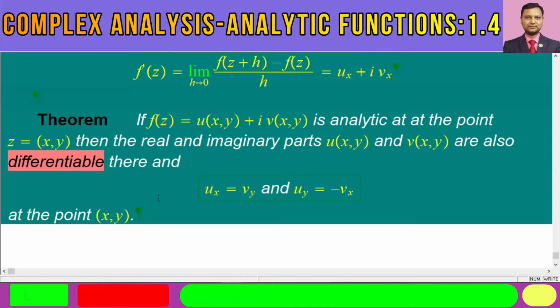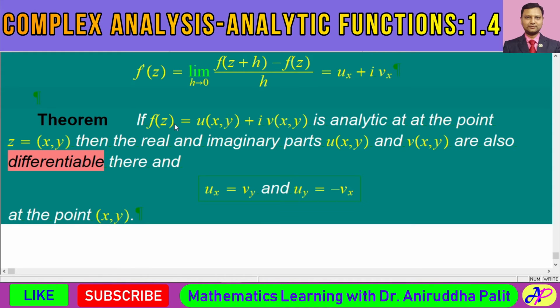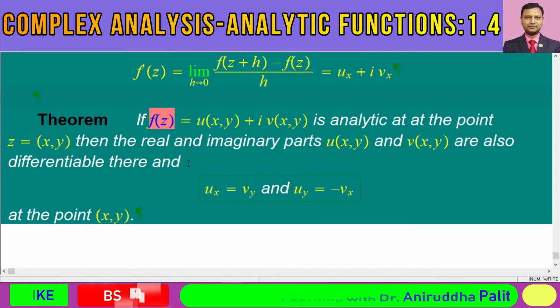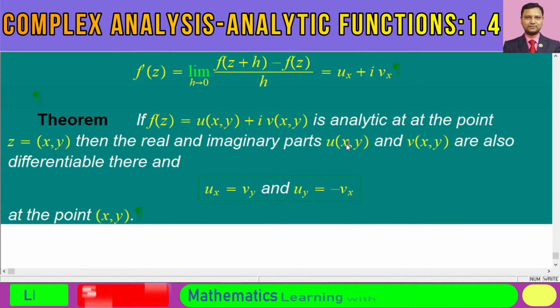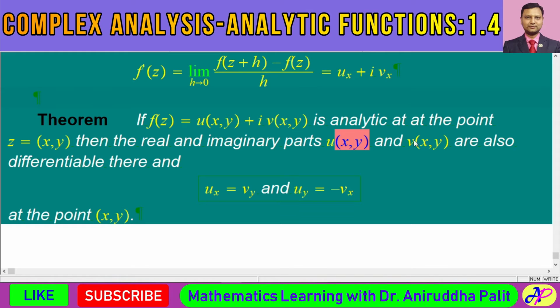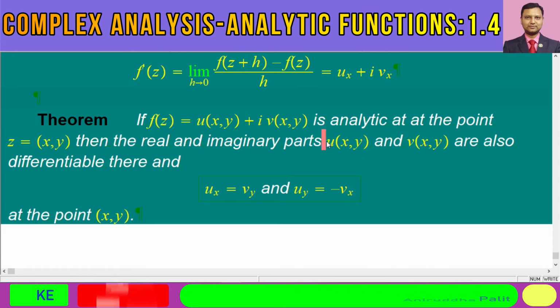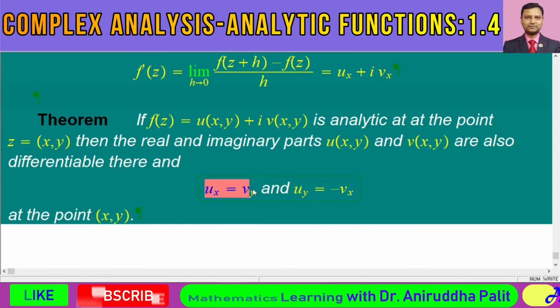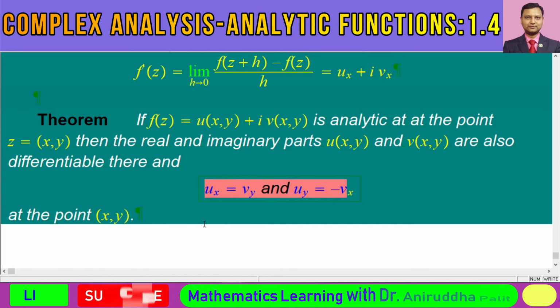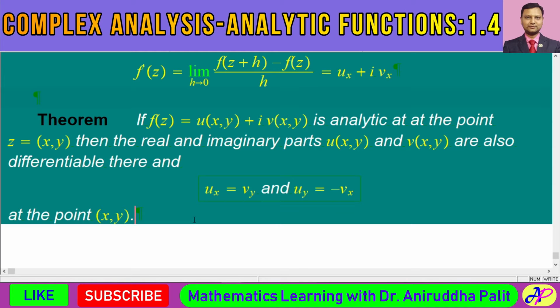This much would be differentiability, because analyticity is related with a function of complex numbers. So far at least I am not discussing any idea of analyticity for functions of two variables here. So u and v should be differentiable, and ux is equal to vy and uy is equal to minus vx at the point x comma y. This much is the modification.